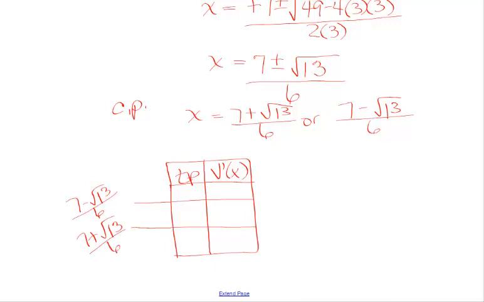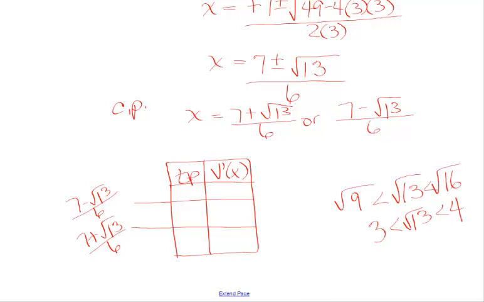Let's see here. Here's how I have to do it when I don't have a calculator. Root 13 would be between root 9 and root 16. So we are between 3 and 4.